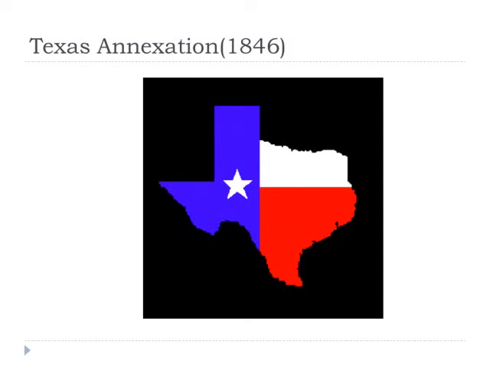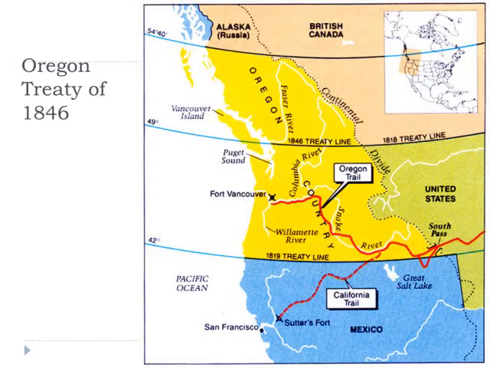Southerners are happy, and Northerners are like, okay, you can have Texas, but wait till you see what he does with Oregon. And he's like, all right, for Oregon, we'll take half of it. And they were like, no! This is not what we were expecting.